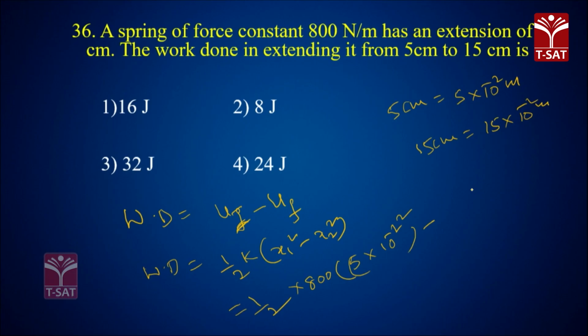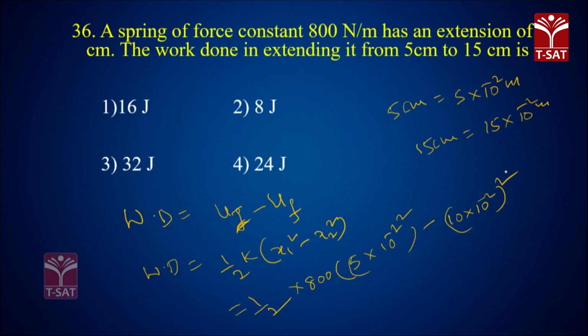minus x2 how much? Here x2 value, you take that is the difference you can take, that is 15 minus 5, that is a 10 you can take. Here 10 into 10 to the power minus 2 whole square.